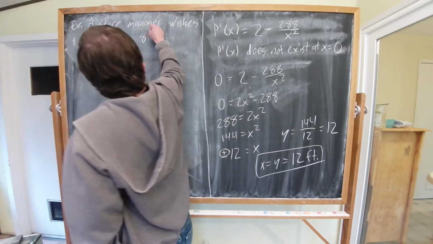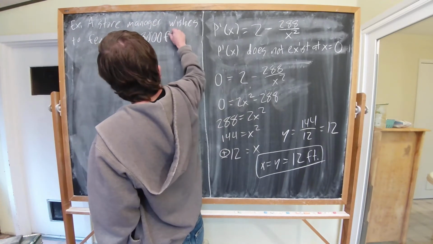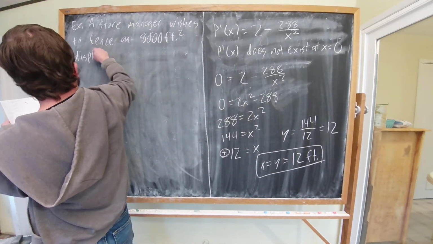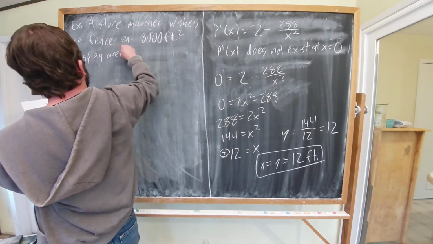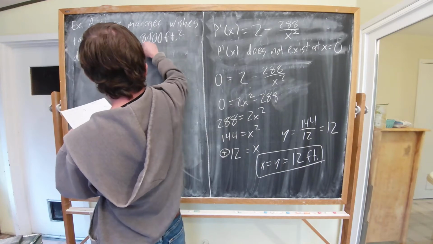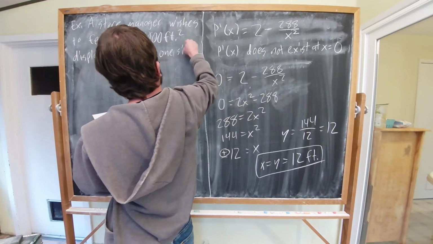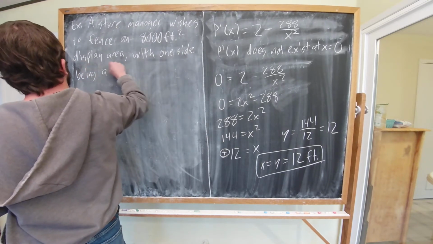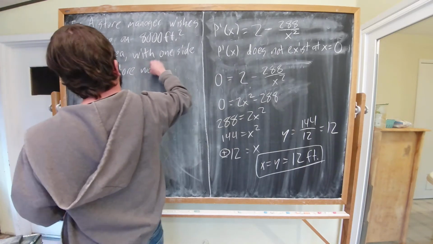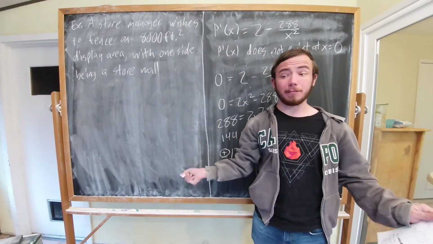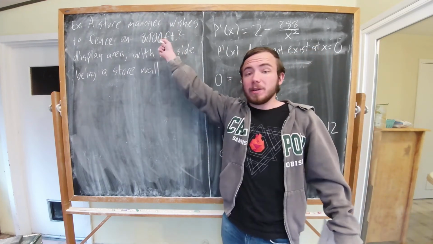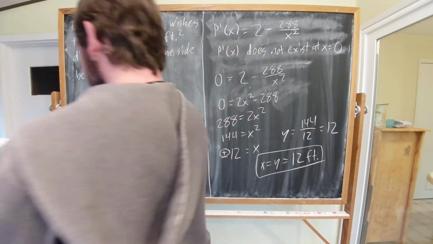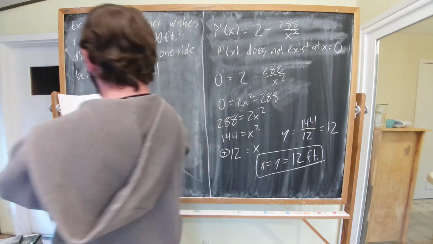Let's say it's an 8,000 feet squared display area, with one side being a store wall, and we'll assume that the store itself is physically big enough that whatever dimensions we use for our fence, the store wall can actually act as one of those four walls. So one side is the external wall of the store.